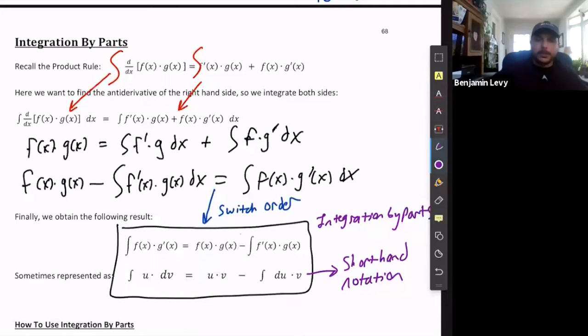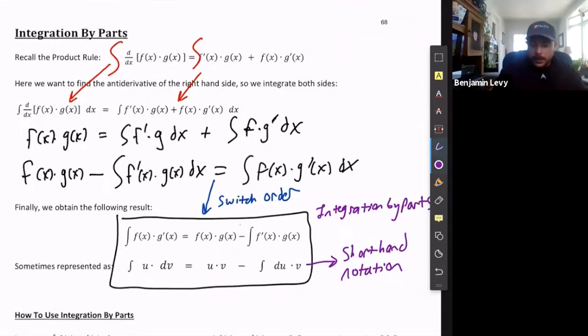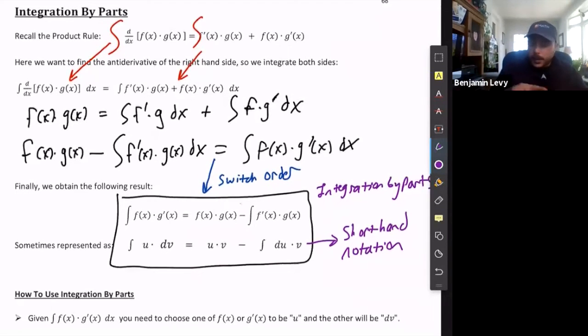Anyway, we'll look at some examples and see how this works. But the takeaway that I'm trying to show you on this particular page is how we start with the product rule at the top. We're just rearranging what the product rule says. And then the idea is, if you're given something in this kind of form, something that looks like f g prime inside an integral, we can use this formula.